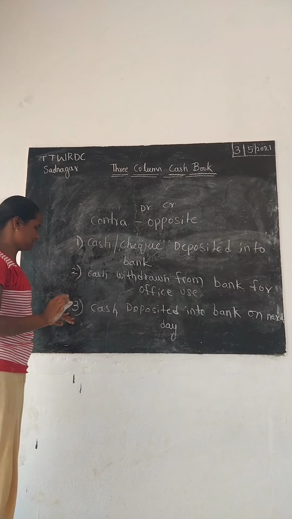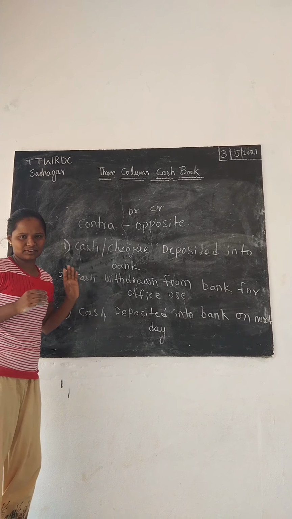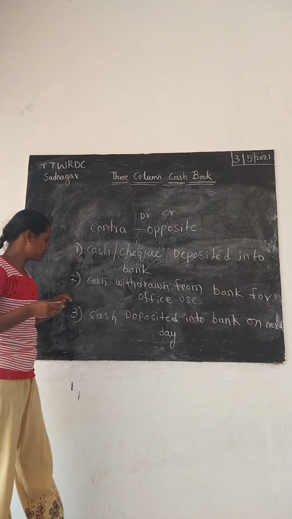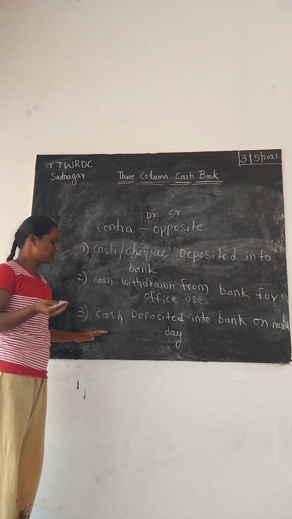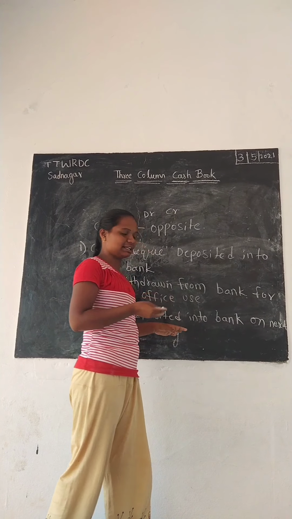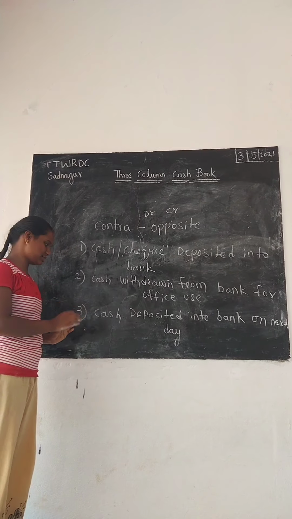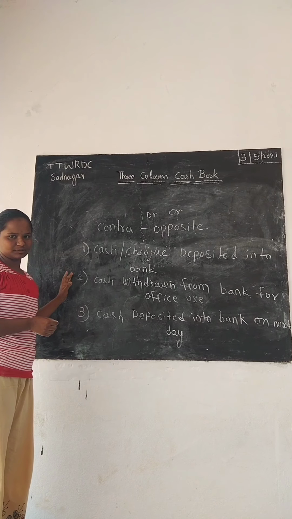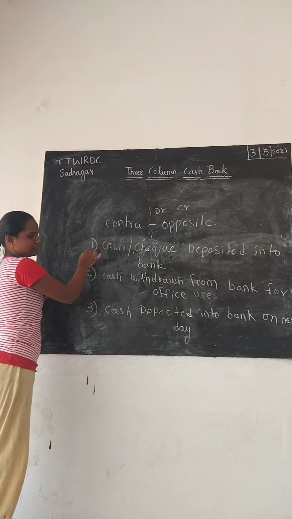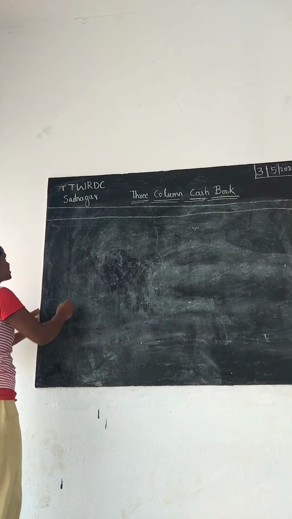Here we receive a cheque or cash from another person and deposit that money into the bank on the next day. It is considered a contra entry. These three are the contra entries.